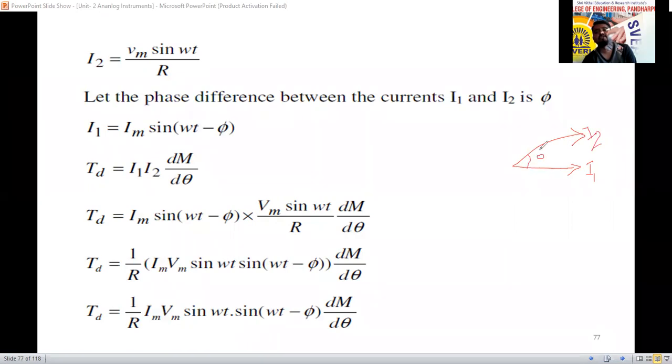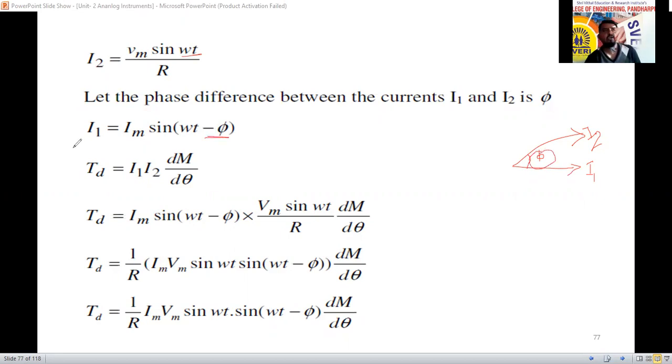I2 we have already written as Vm by R into sin omega t. So I1 is lagging I2 by an angle of phi. So I1 equals Im sin(omega t minus phi). For lagging, we use minus phi.